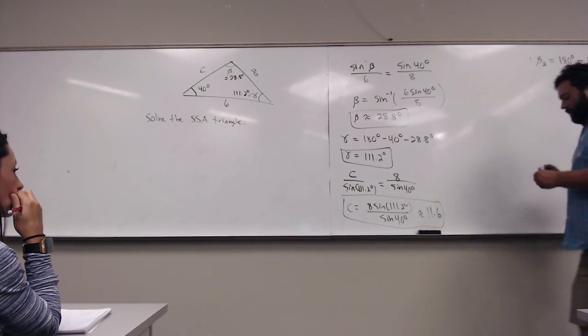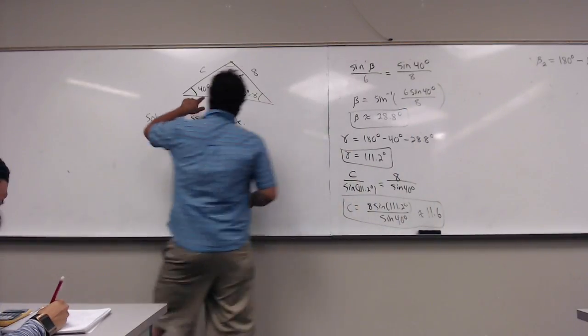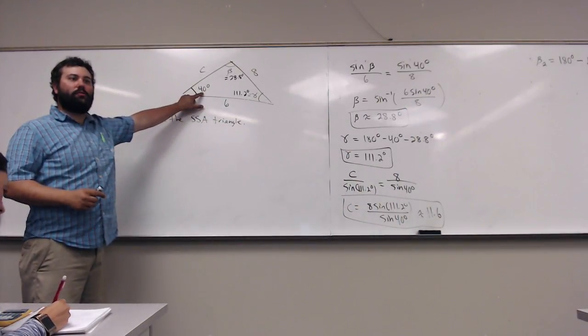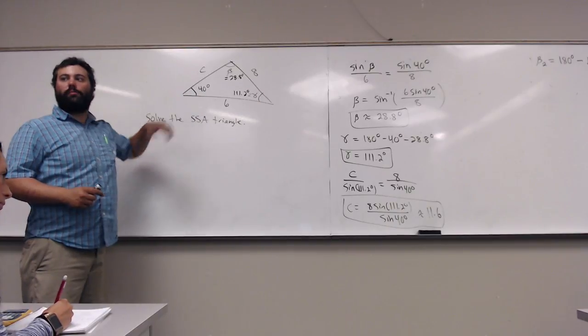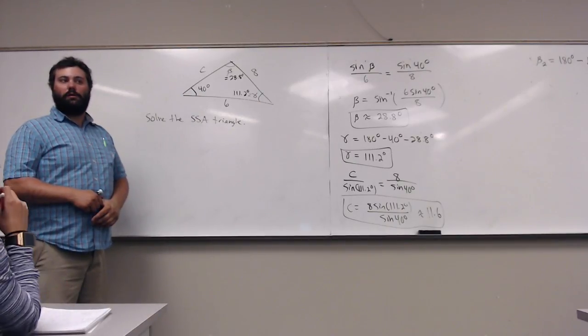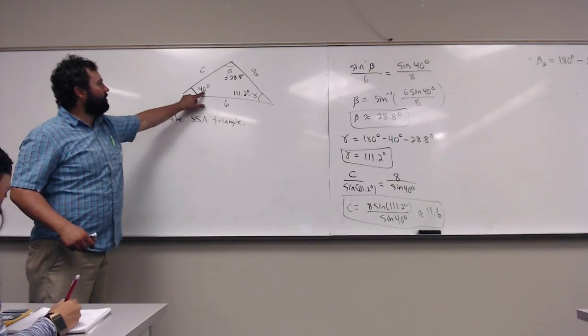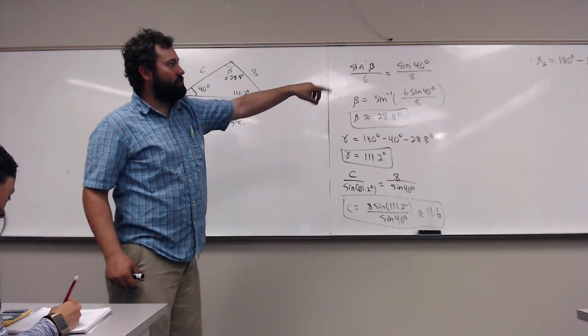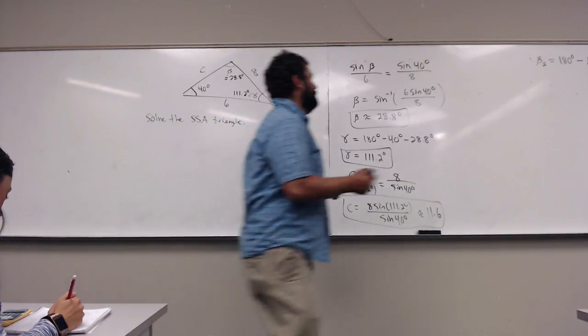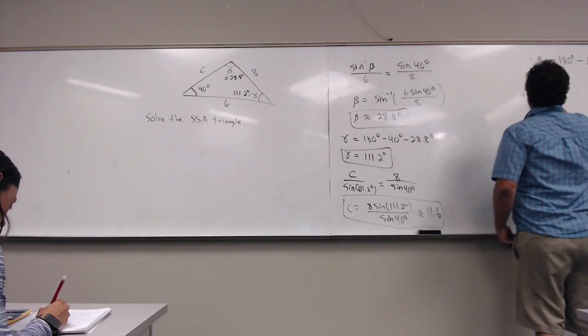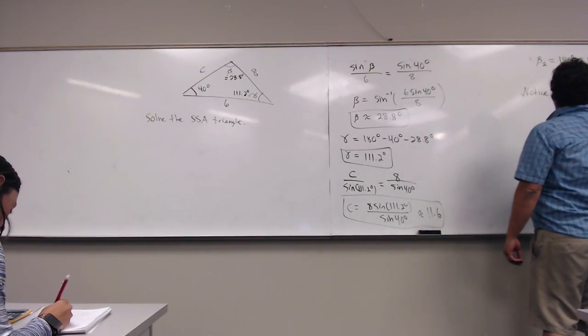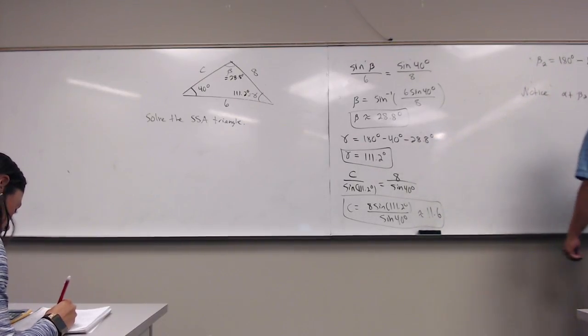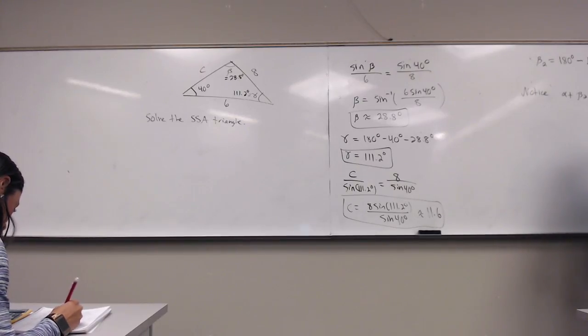Okay. And then, remember, the given angle has to be in the second triangle as well. But what's the problem this time? Yeah, right? Notice alpha plus beta 2 is 40 degrees plus 151.2 degrees, which is 191.2.